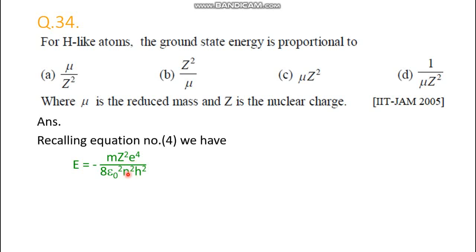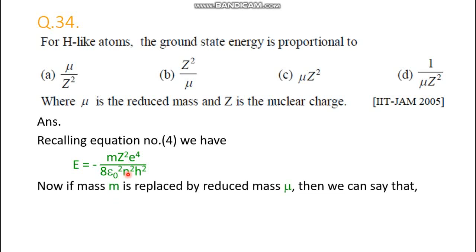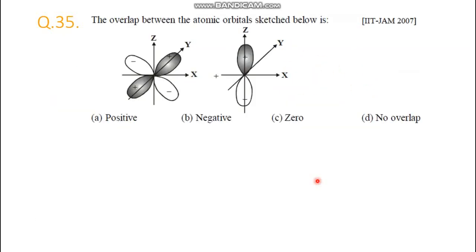If n is also made constant, then E is proportional to m z squared. If m is replaced by reduced mass, then it becomes mu z squared. So energy is proportional to mu z squared. Therefore the correct option is option C. This is the right answer.